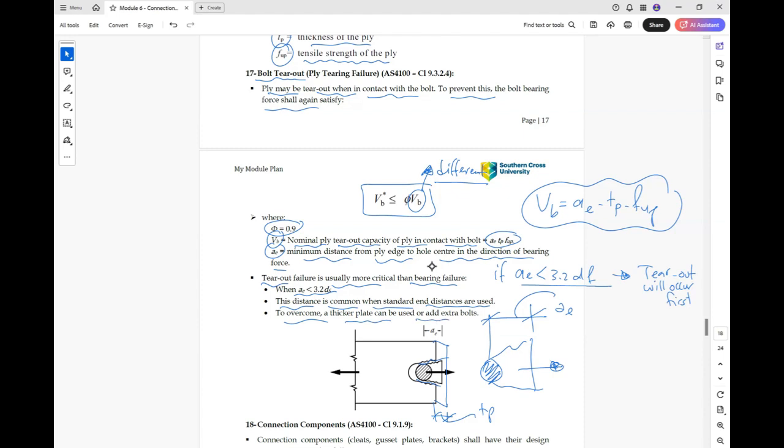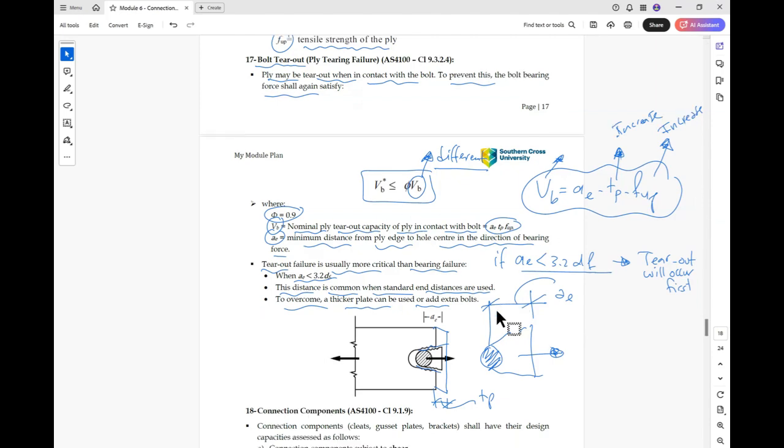So as you can see, to increase this value, you need to increase tp, the thickness, or increase the number of bolts, so the force is divided between 2 or 3 bolts. Another option is to increase the strength of the plate material. If you use a stronger material, it will be stronger to resist the tear out force.